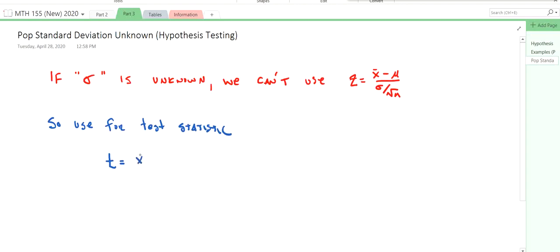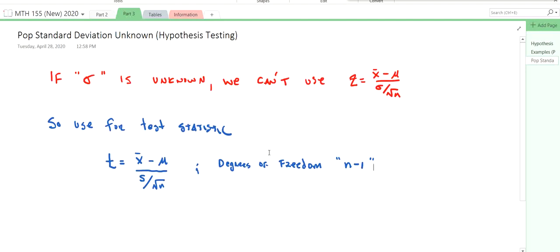And the t term is x bar minus mu over s, which is the standard deviation of the sample, divided by square root of n. And here we have degrees of freedom that we need to keep track of, which will be n minus 1.